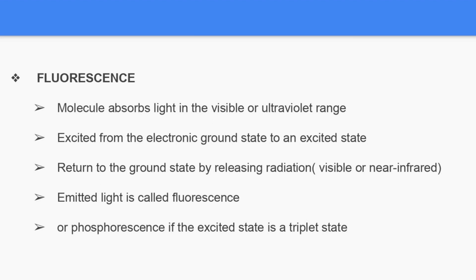That radiation is called fluorescence. Some molecules are excited to a triplet state. That will also release energy. If it is a triplet state, the released radiation is called phosphorescence.